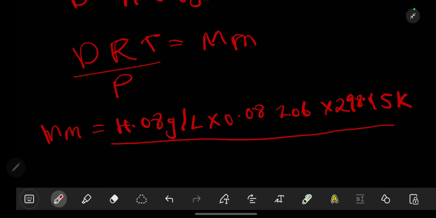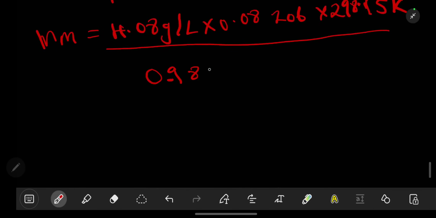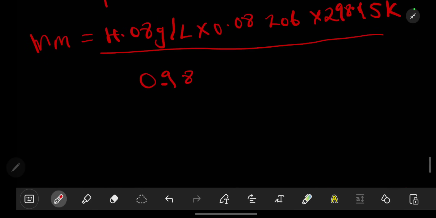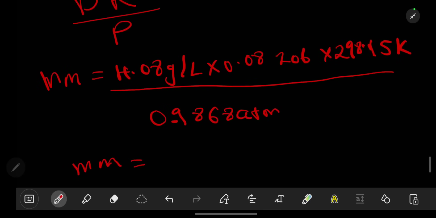Then we have it over the pressure, which we found to be 0.9868 atm. So our molar mass, if we press everything, we are going to have 4.08 times 0.08206 times 298.15. Then we divide this value by 0.9868. This is going to give us 101.16 grams per mole.